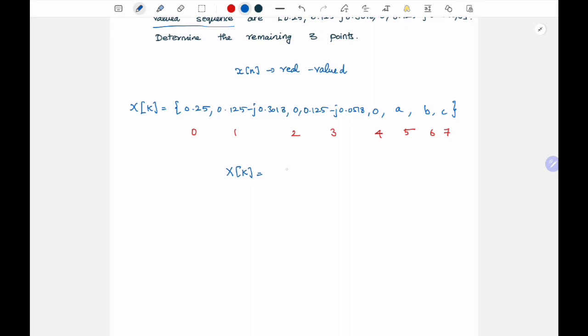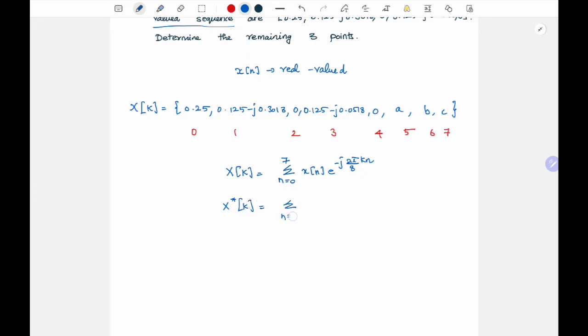So let me write my DFT formula. I have x of k equal to summation n equal to 0 to N minus 1. Here N is 8, so it will be up to 7, of x of n e power minus j 2 pi by 8 kn, right? Now I will take x conjugate of k.